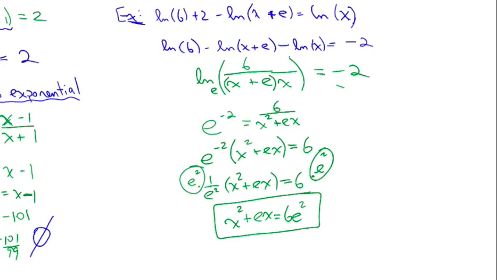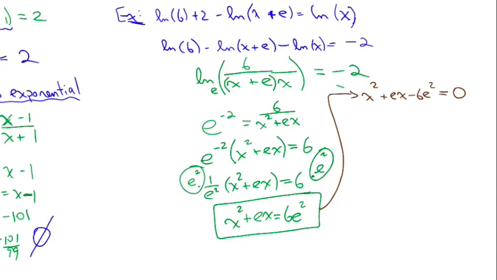All right. So let's see if I can change it to the quadratic form. So you get x squared plus ex minus 6e squared, and this will equal 0. Anytime you're running into a quadratic, you always want to start getting it equal to 0. Can you factor this? If I ignored the e's, could you have factored this?